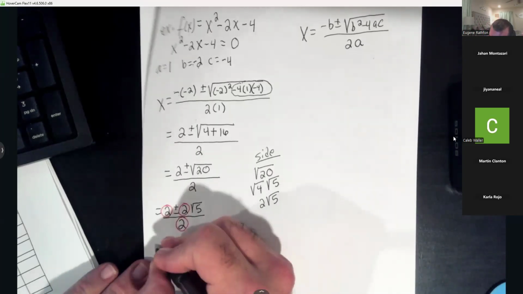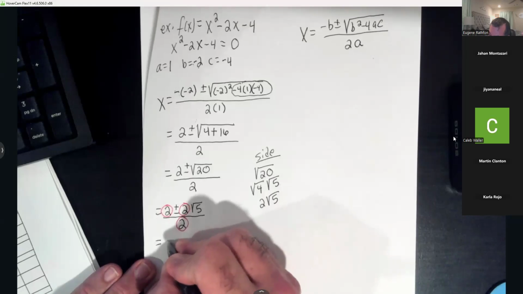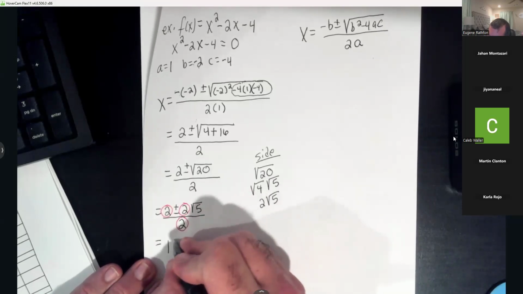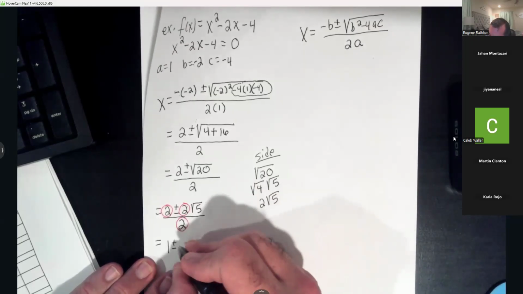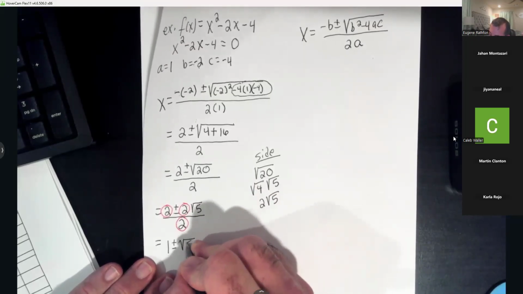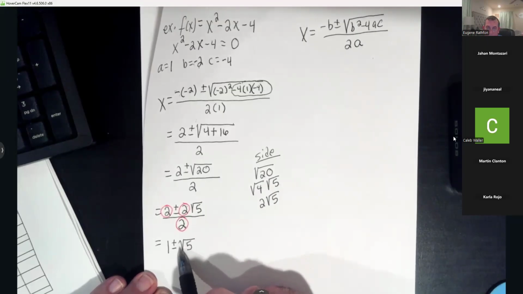So watch what this is going to simplify. 2 divided by 2 gives me 1 plus or minus. 2 divided by 2 is 1 square root of 5. Remember, I don't have to write that 1, okay? It's understood to be a 1 in front of it.